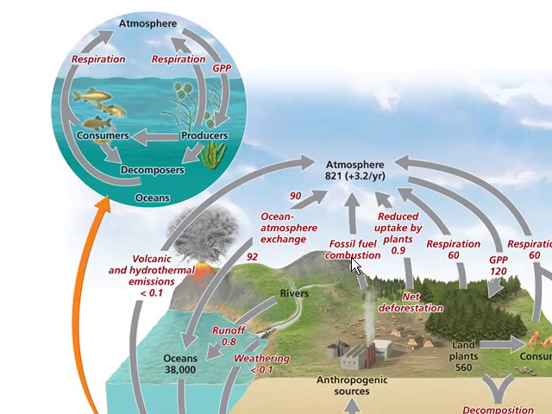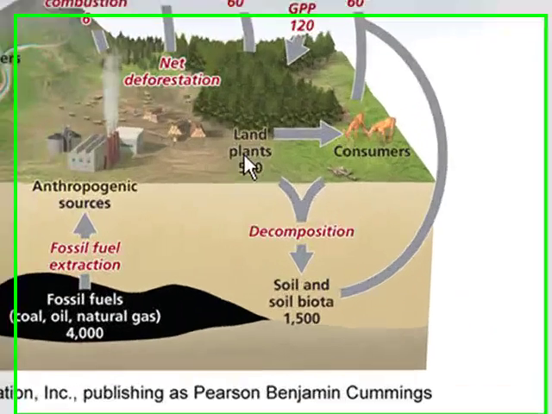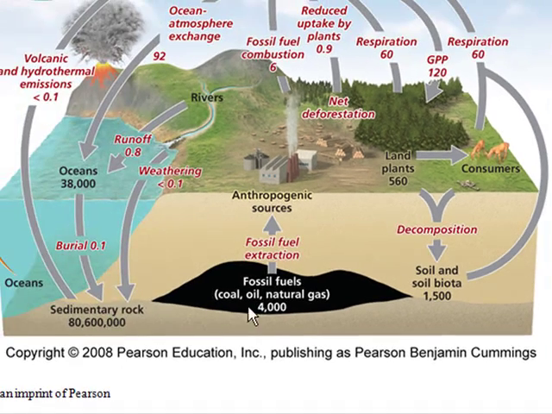Some of the carbon is decomposed, okay? So when land plants or consumers die, some of that carbon gets taken in by the soil and the soil biota and is broken down and stored in the soil, and eventually may become part of sedimentary rocks or fossil fuels.